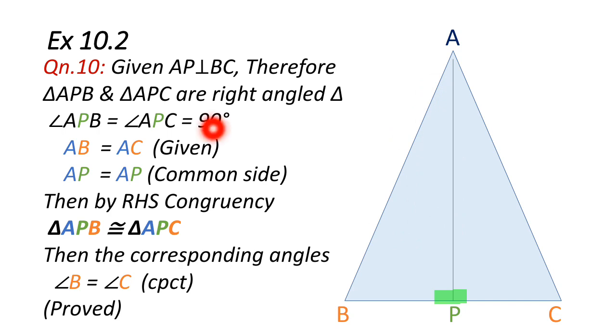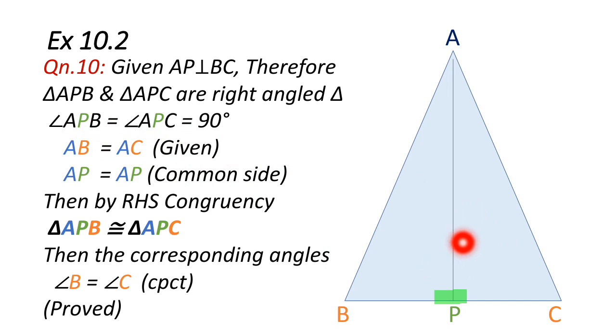Therefore those two triangles APB and APC are right angle triangles, and in those two right angle triangles, this angle APB is equal to this angle APC.